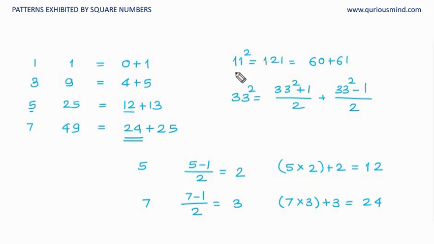So let's see for 11 also. For 11, it will be 11 minus 1 upon 2, which is 10 upon 2, which is fine. So then let's do 11 into 5 plus 5. 11 into 5 is 55, plus 5 is 60. I get the first number.